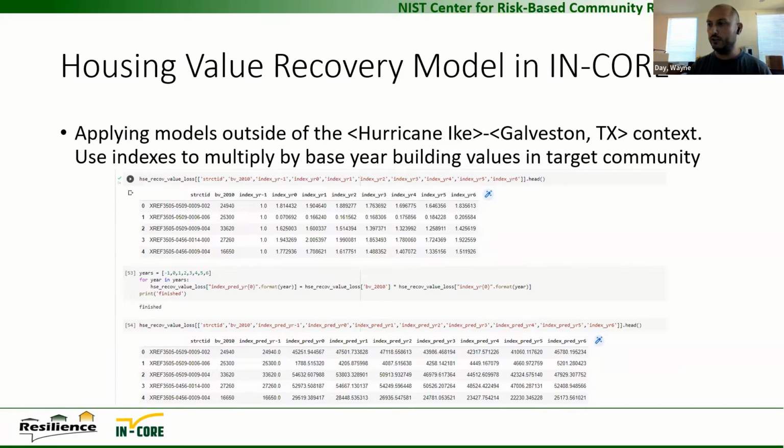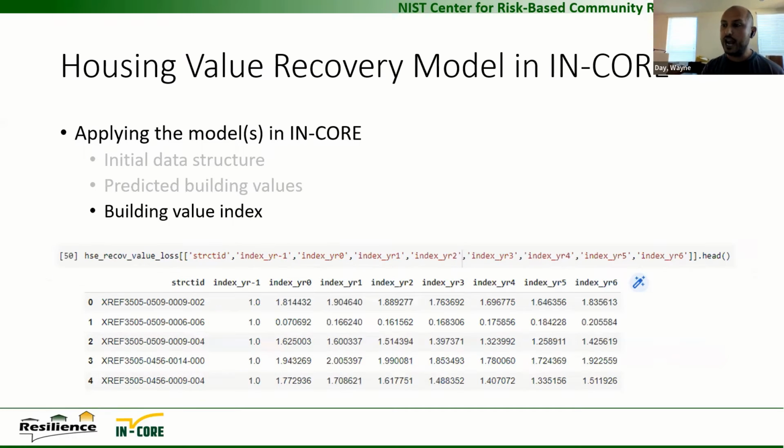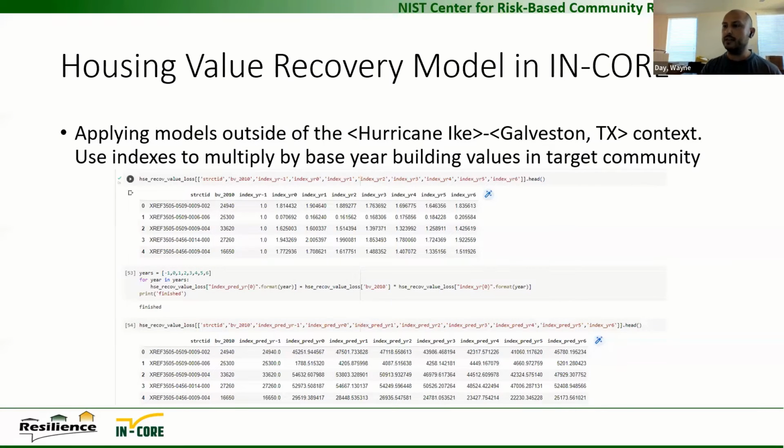So predictions of 30,000, 60,000, 50,000 probably don't apply much in those cities. But the change does. So we're taking those indexes and multiplying them by the base year in the target community. And when you do that multiplication, you get a per parcel change in building value over time.